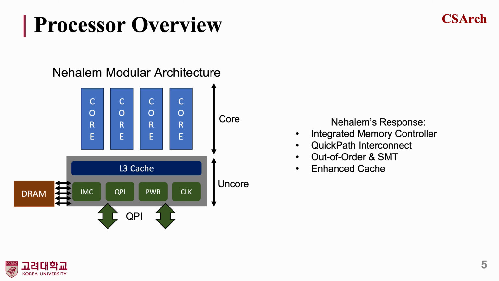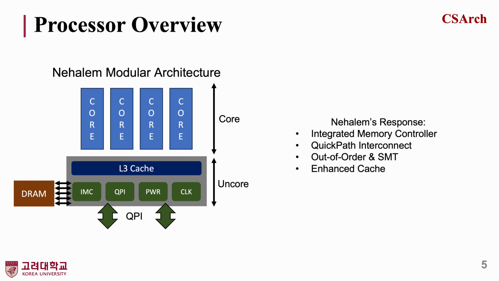And here is the big architecture shift in Nehalem. Intel splits the design into core and uncore. The core handles execution, out-of-order scheduling, and SMT. The uncore integrates the memory controller, the shared L3 cache, and the QuickPath Interconnect.